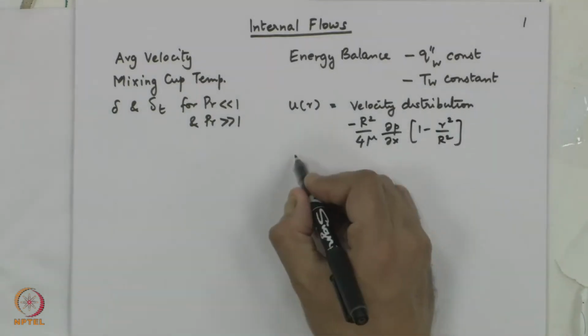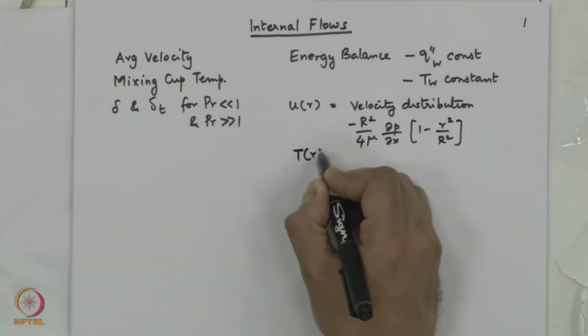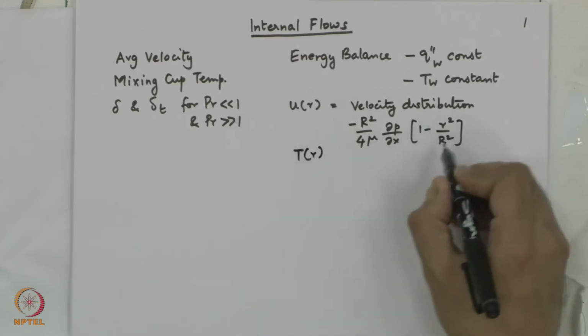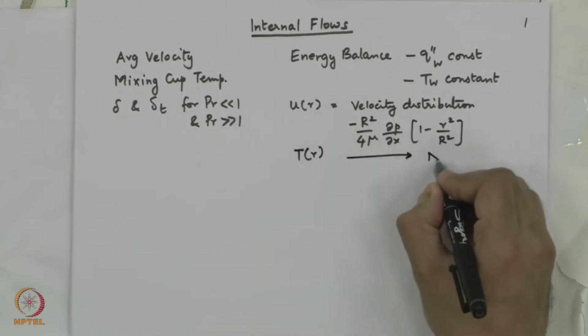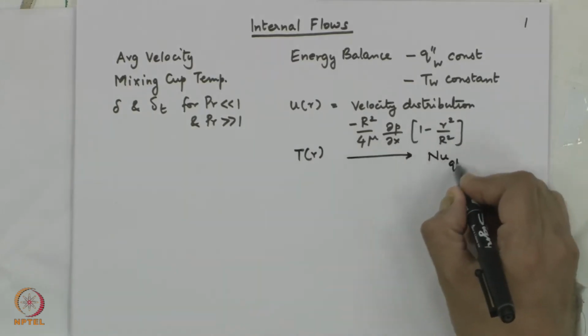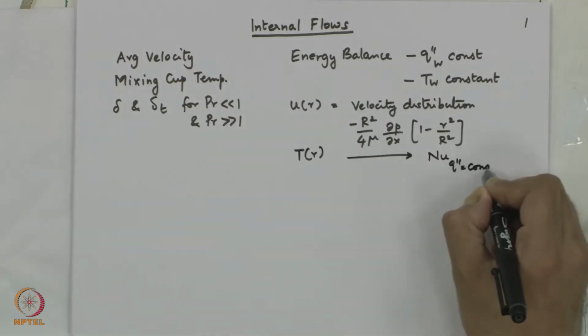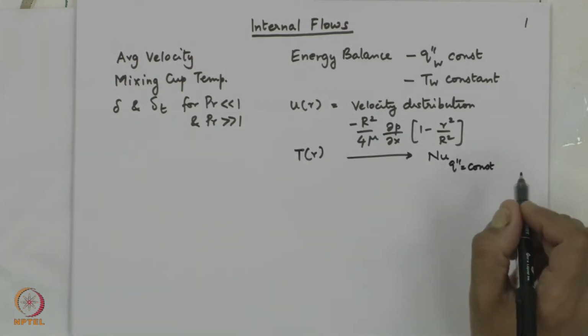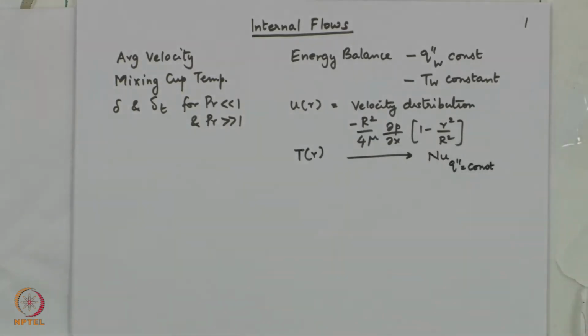And using this, we will derive the temperature profile from the energy equation, and from that the Nusselt number for constant wall heat flux laminar flow condition. Okay, this is the order in which we are going to proceed.